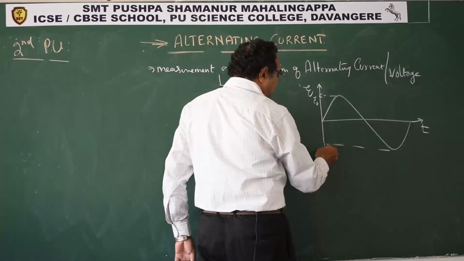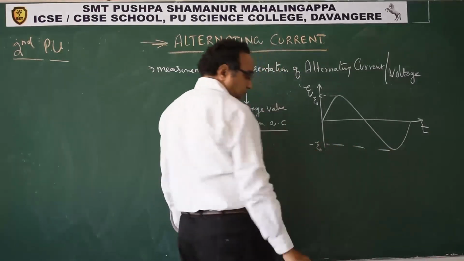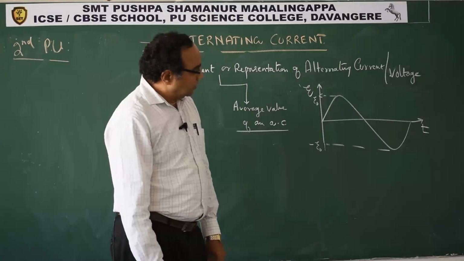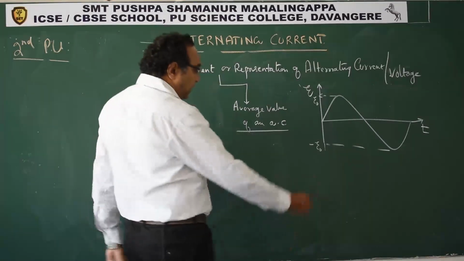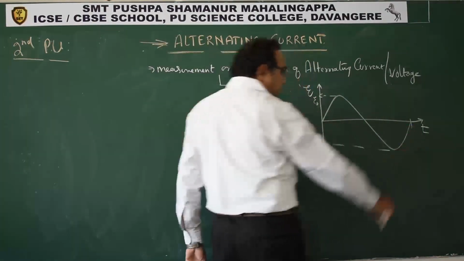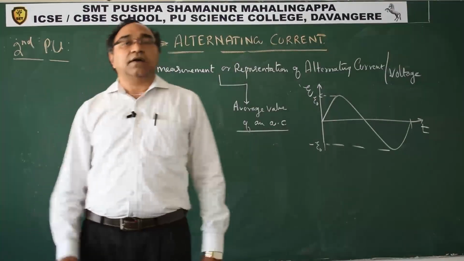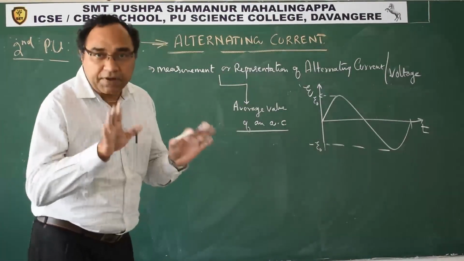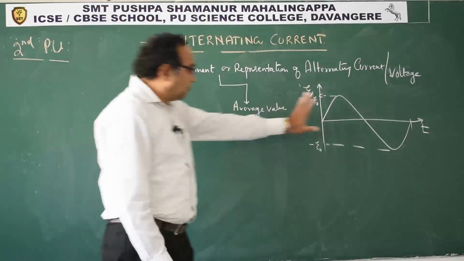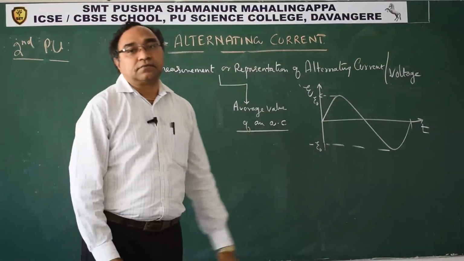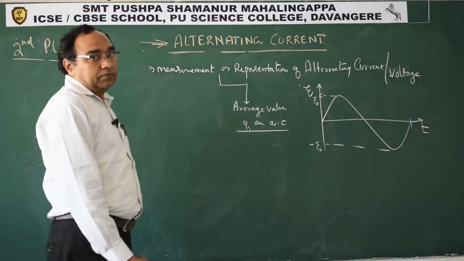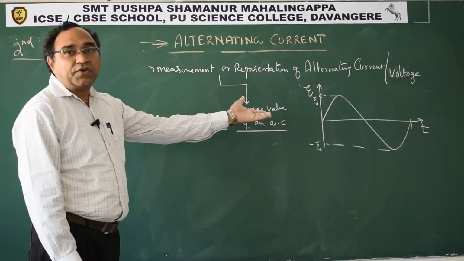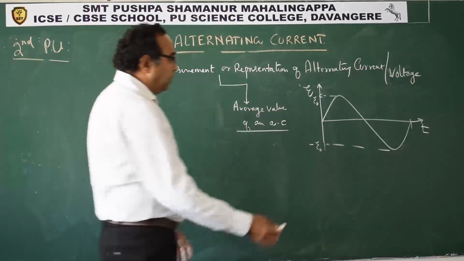And this is minus E naught. Now, if I take one complete cycle, as we took in effective value, what will be the average value? Average will come 0. Very simple.